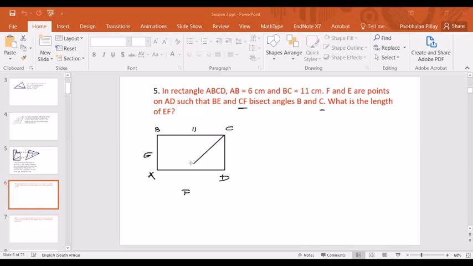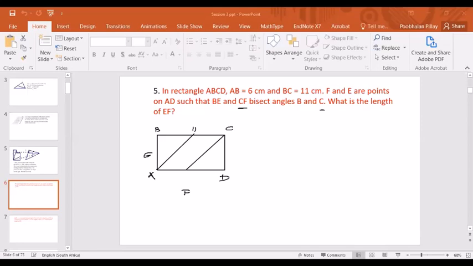It divides that angle into 2 equal parts. And likewise, AD on this side bisects this angle. Okay, so that is what you've got here.